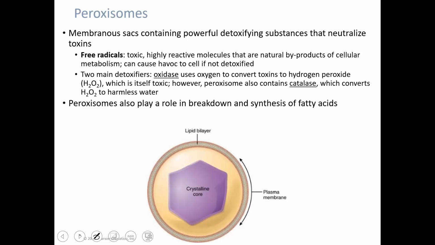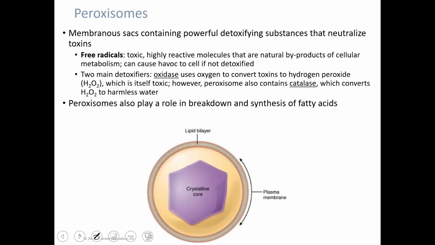So we use oxidase to convert the free radical to hydrogen peroxide. Remember, hydrogen peroxide, H2O2. It's like water, only with an extra oxygen. Oxidase converts the free radical, the toxin, if you will, to hydrogen peroxide.